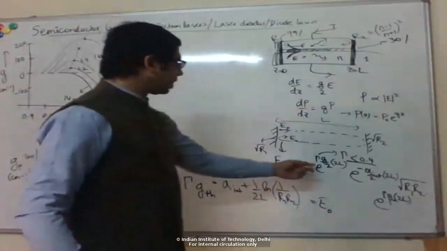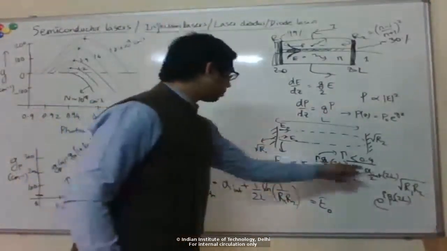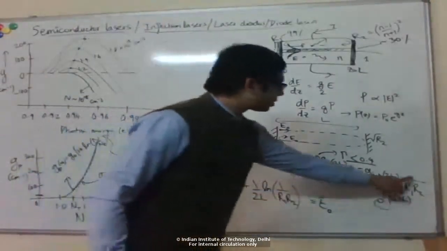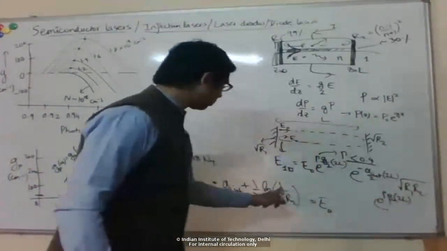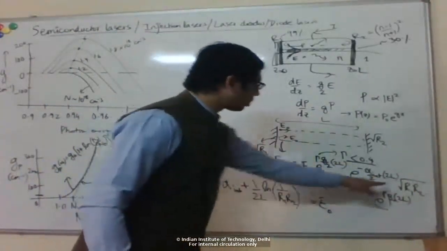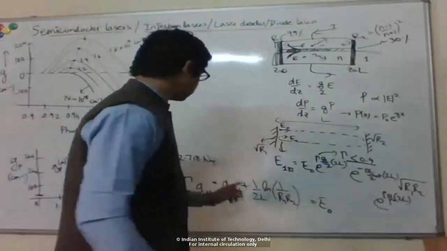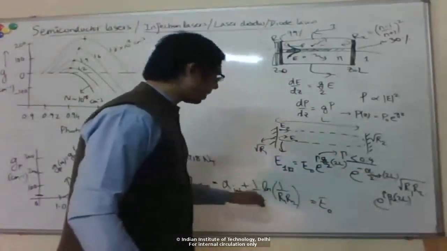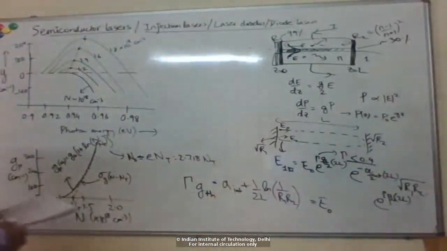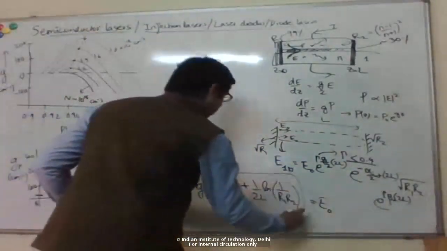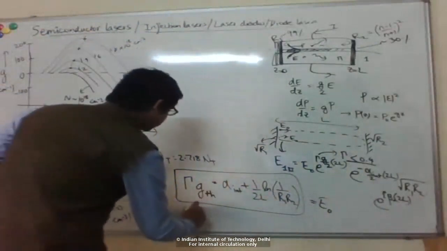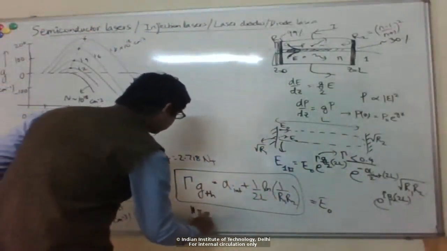When we take the log, of course, these factors in front of each just come out, and then for this square root of 1 by r1 r2, we get log of r1 r2, and then half here for the square root, and then L comes from both these factors. So we divide by L, so we get this. Okay, so this is the threshold condition for lasing.